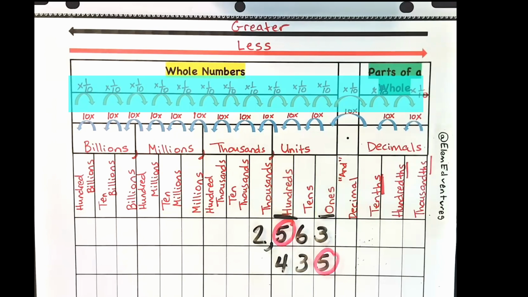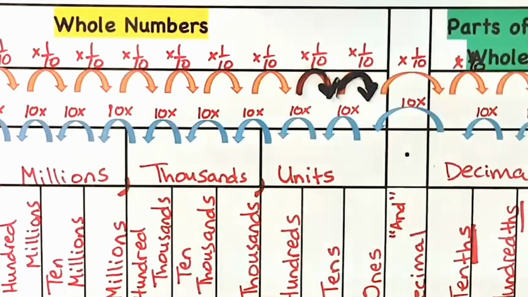Instead of tracing the blue arrows, I'm going to trace the small red arrows. This time, to go from the hundreds place to the ones place, I had to go 2 spaces to the right. I see 2 red arrows that are traced, which means I am decreasing or making the value of my digit less and less.